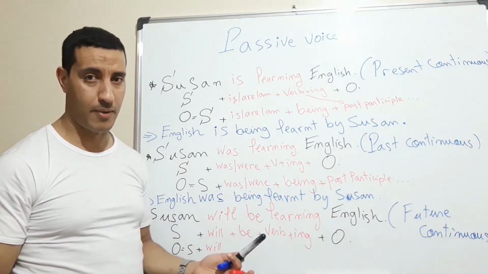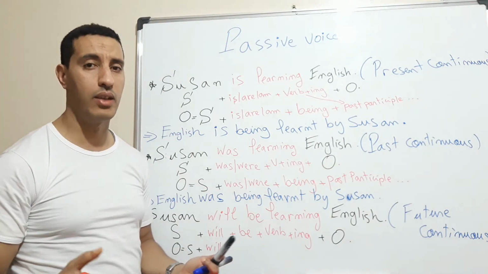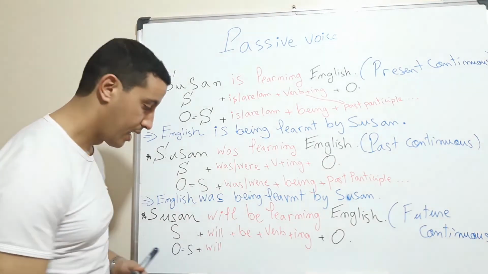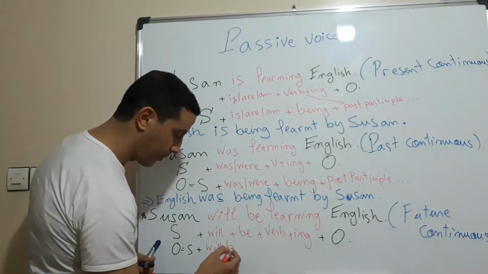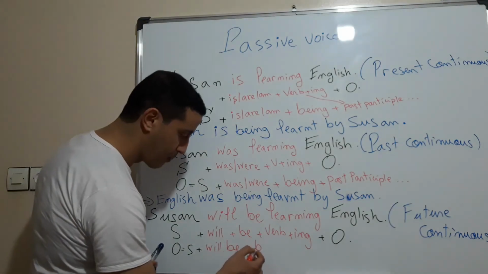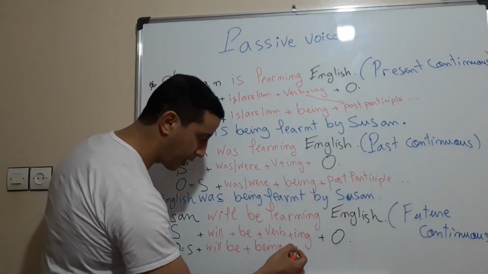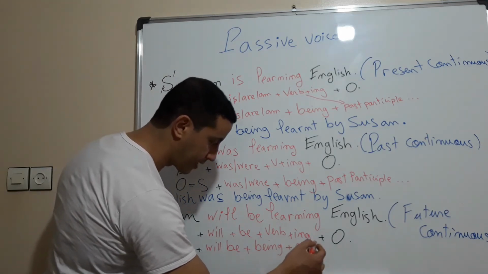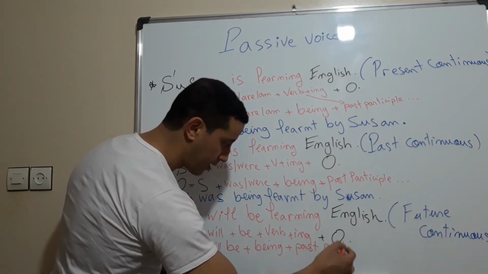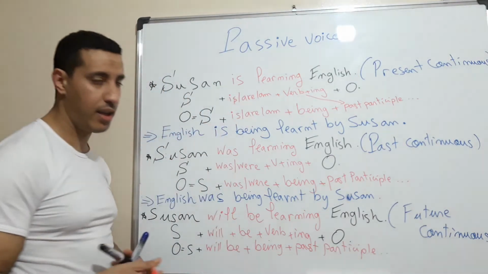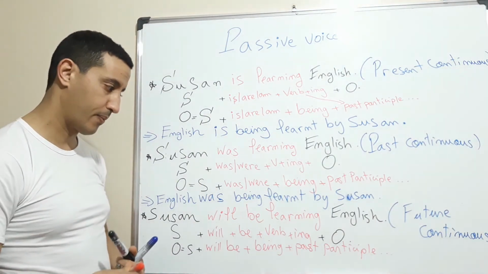But it's okay in grammar. Even though it is rarely used in speaking, in grammar, it's correct. So, will be plus being. And then the verb in ing becomes past participle. And then by plus a subject.